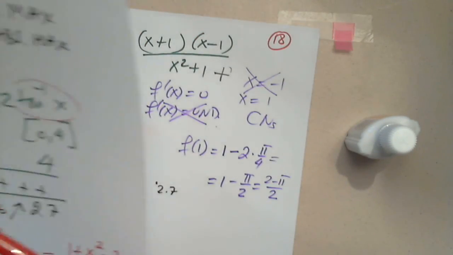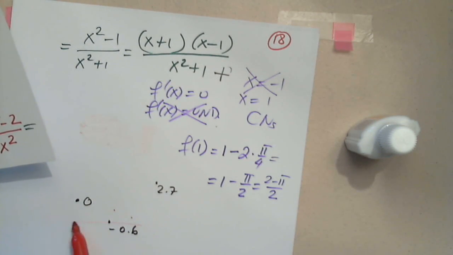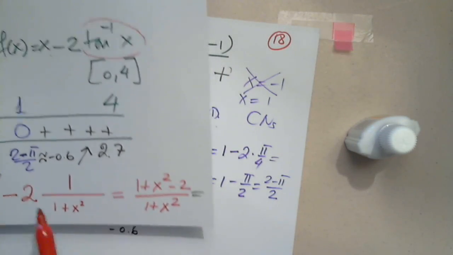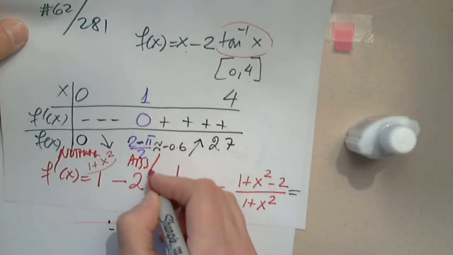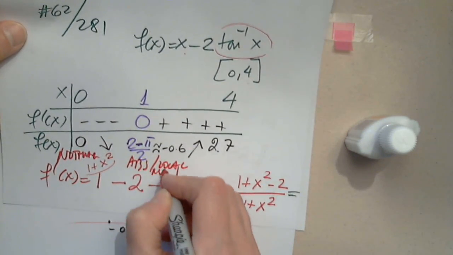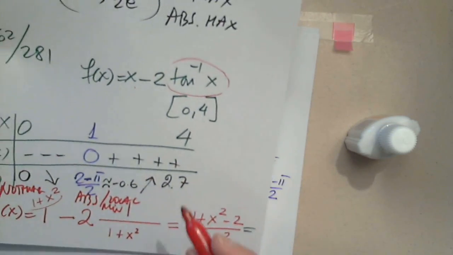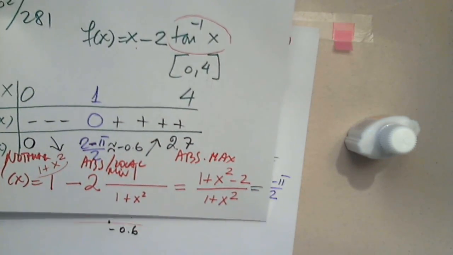What will I say about 1, negative 0.6? It's definitely a local minimum, but also an absolute minimum. Absolute and local min. And what do we conclude about 4, 2.7? It is the absolute max, and it cannot be a local max.